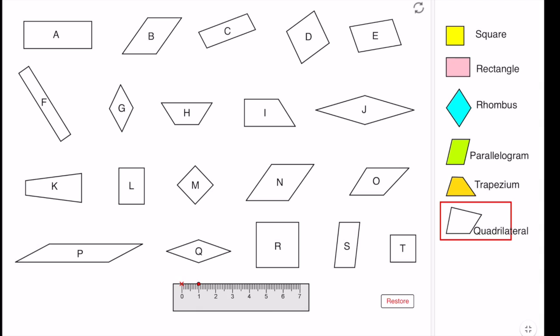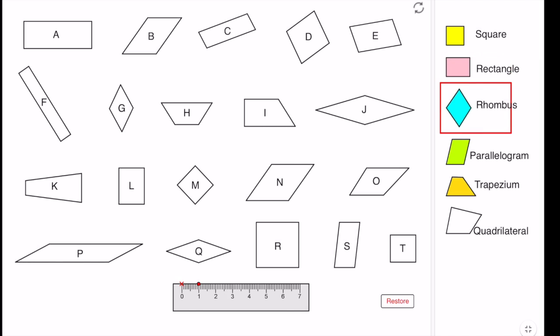Quickly now, just as a review, you know squares are quadrilaterals that have the exact same length for every side. Rectangles are quadrilaterals. The opposite sides are the same length, but they're not necessarily all the same, like a square.